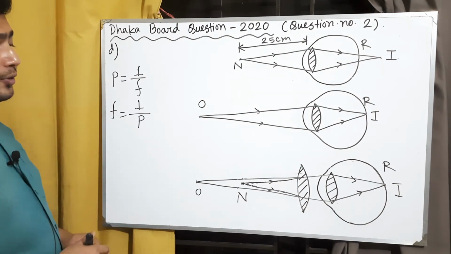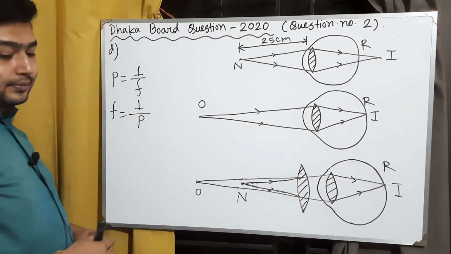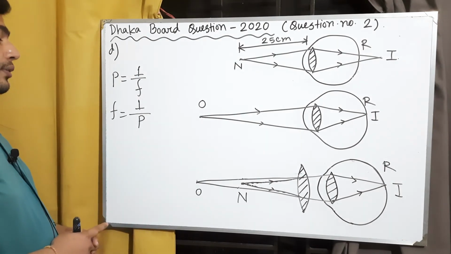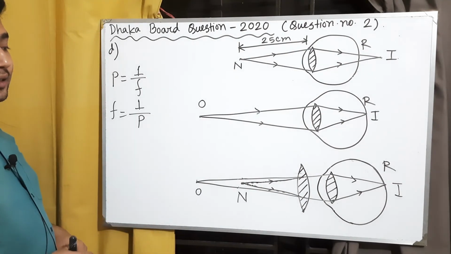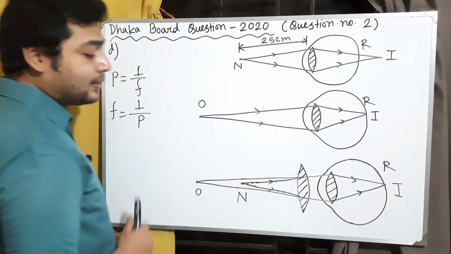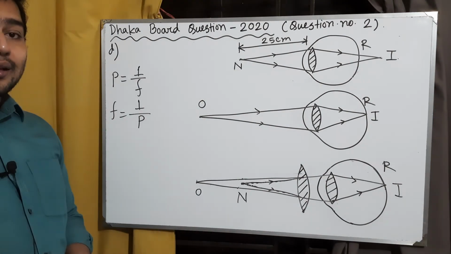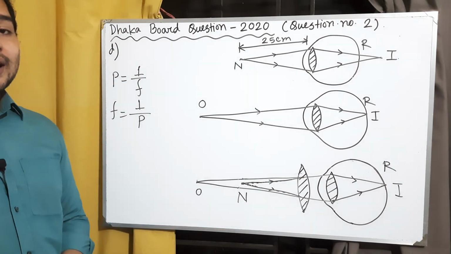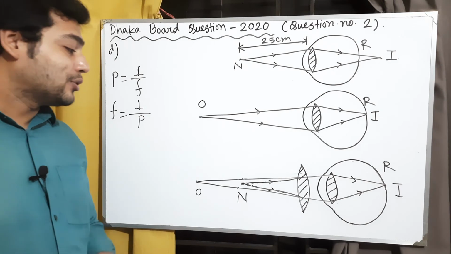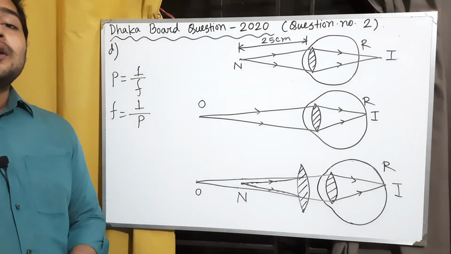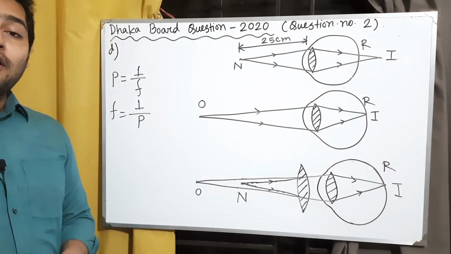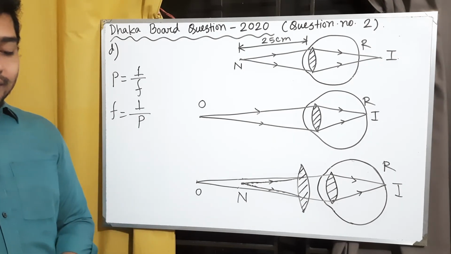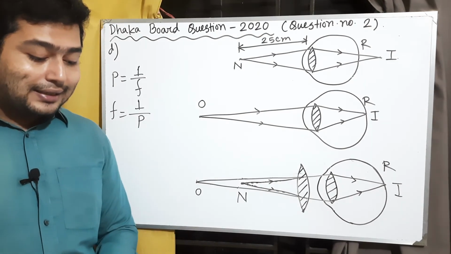Now the point is the remedy. For this type of defect, we use a convex lens as a glass. Now the question is, why do we use a convex lens to remove this type of defect? A spectacle with a convex lens is used to remedy this defect.